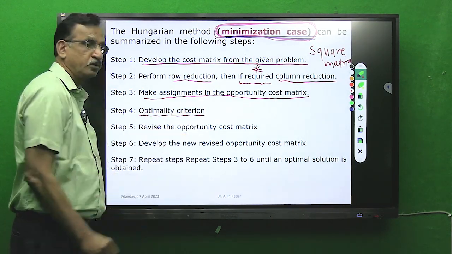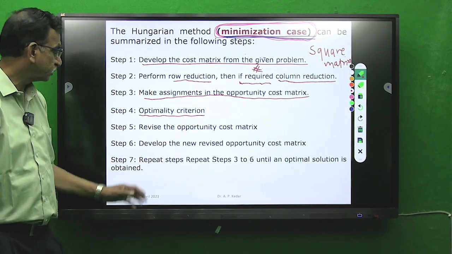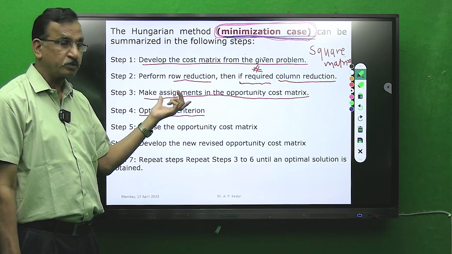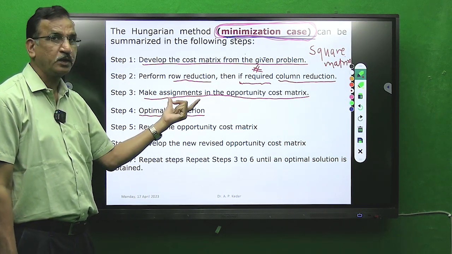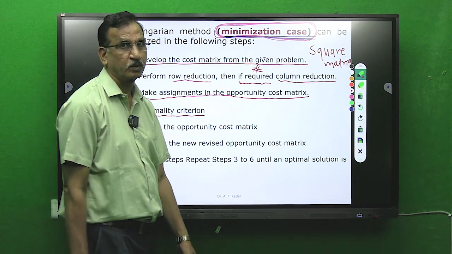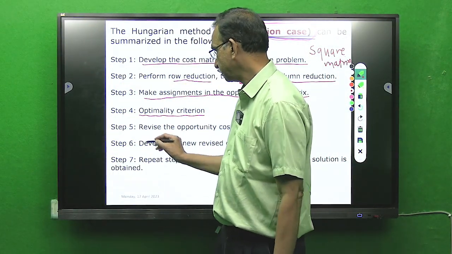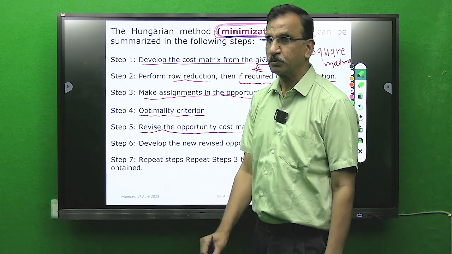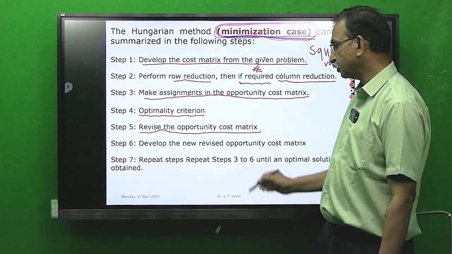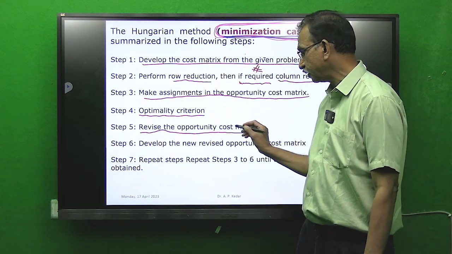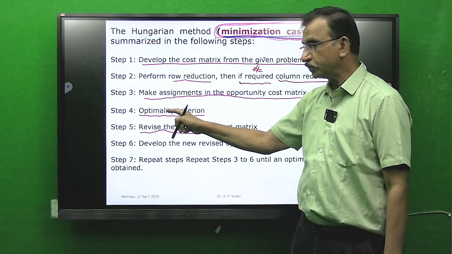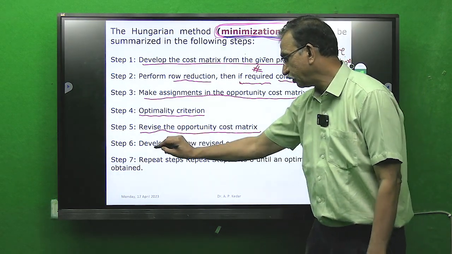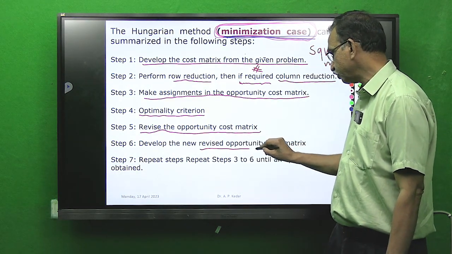Then see the optimality criteria, whether the assignments which you got in step 3 are optimal. For that you have to move to step 5, that is, revise the opportunity cost matrix. If your solution is not optimal, you have to follow step 5. Develop a new revised opportunity cost matrix.